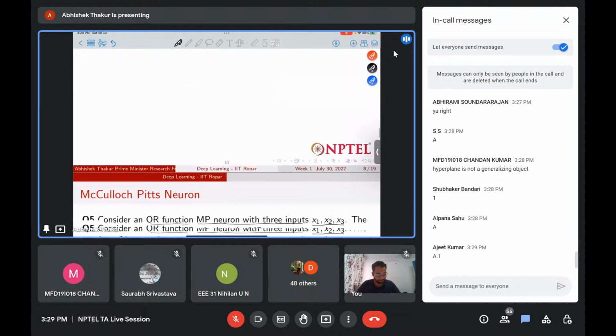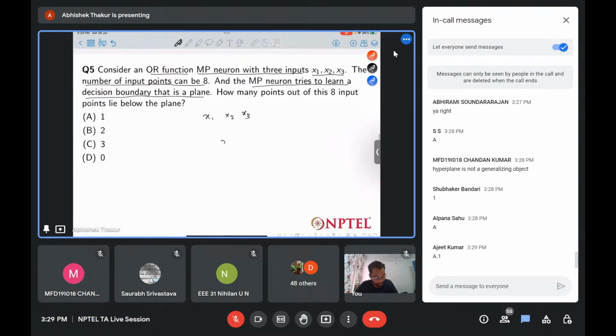So the equation of this plane will be x1 plus x2 plus x3 is equal to 1. This means this plane will intercept each axis at 1.